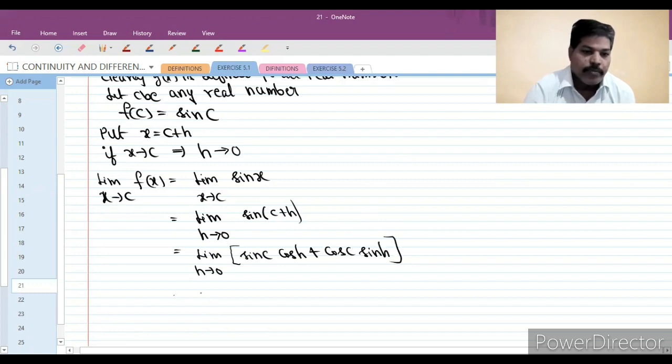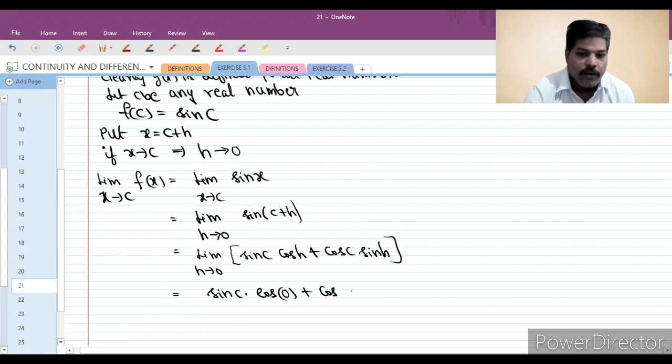So then apply the limit, what happens? That is nothing but sin c into cos 0 plus cos c into sin 0. Cos 0 is 1, and sin 0 is 0.